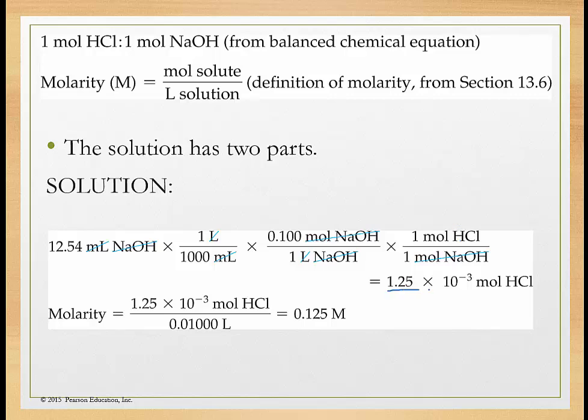So step one, I have to find how many moles of hydrochloric acid were in that solution. Step number two, I take that number down here and then divide it by the initial volume that I was given, the 10 milliliters. Now keep in mind, molarity is moles per liter, so I have to convert milliliters to liters here. And then I end up with the concentration of the acid that I had to start with. Now I know that it's a 0.125 molar solution.